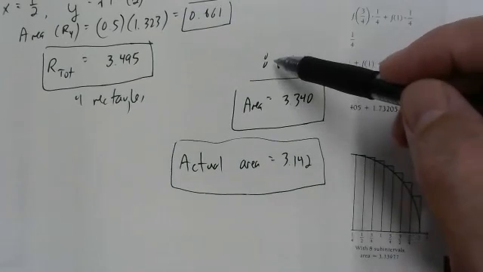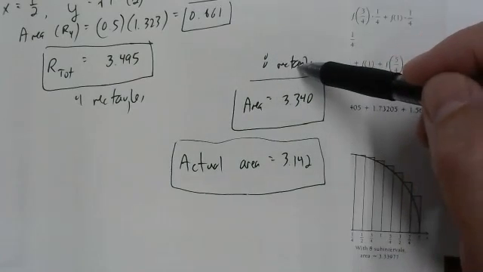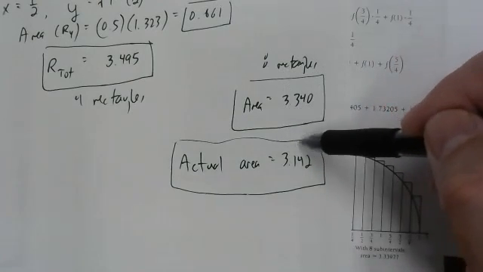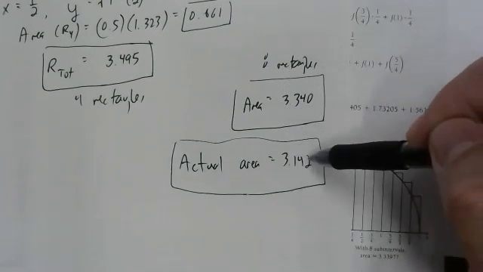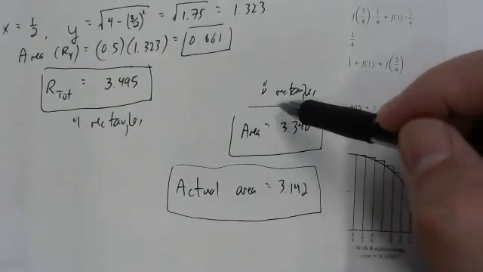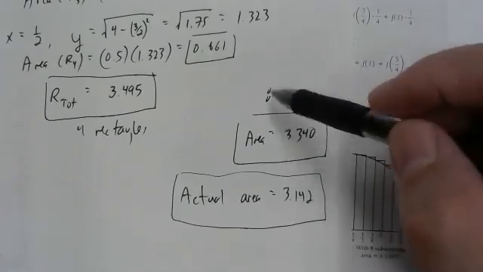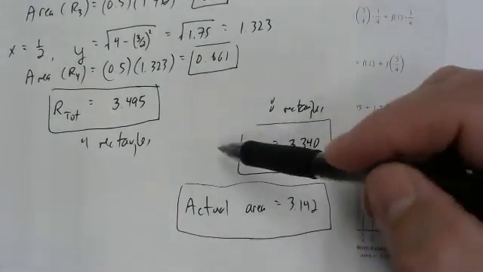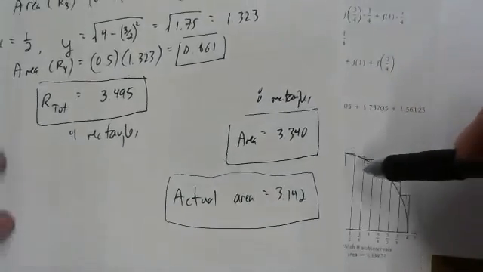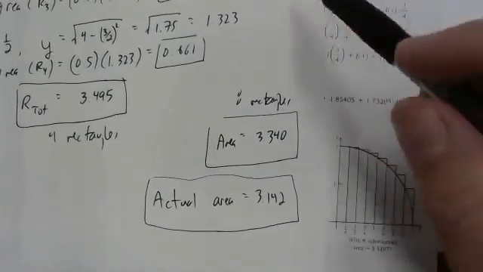And if we were to keep doing this and went to 16 rectangles and then 32, every time it would get closer and closer to this. The good thing is, after this homework assignment, you'll never do this kind of thing again, because this is not the best way to find the area under a curve.